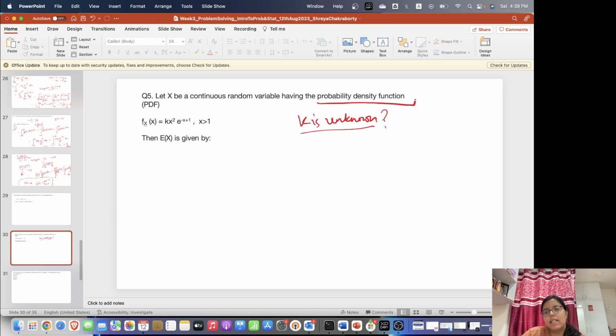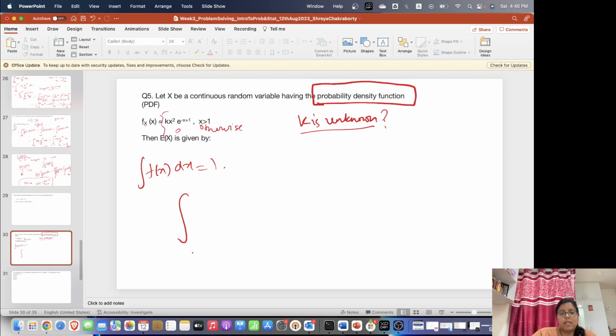They have given that this is a probability density function, so the integration of f(x) dx should be 1. This density is nonzero when x is greater than 1 and it is 0 otherwise. If nothing is mentioned, just understand that it is 0 otherwise.